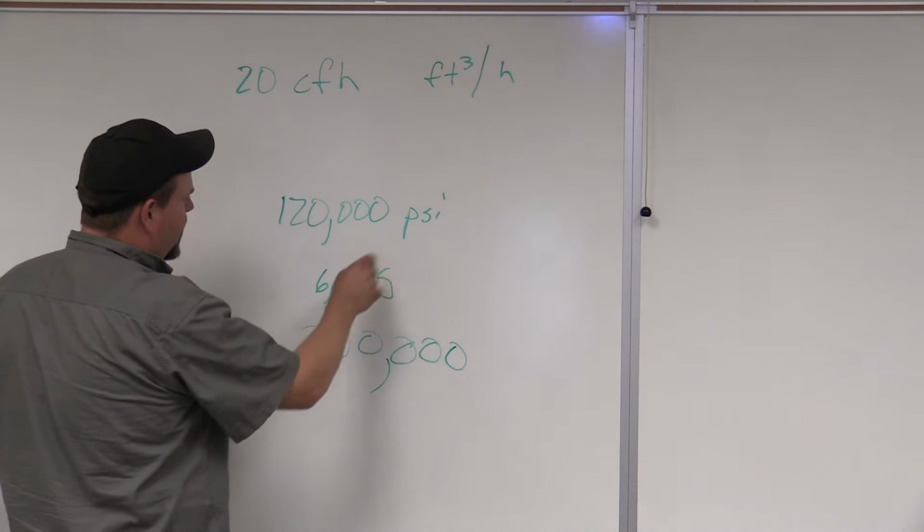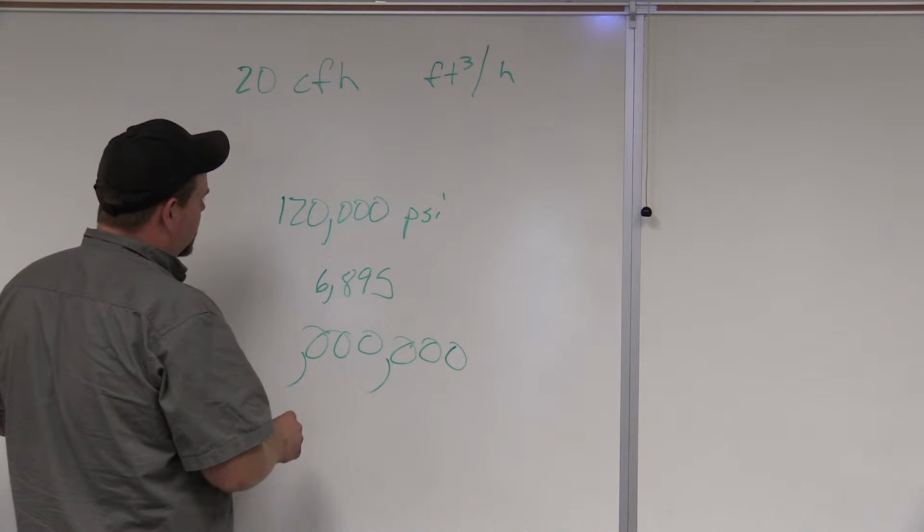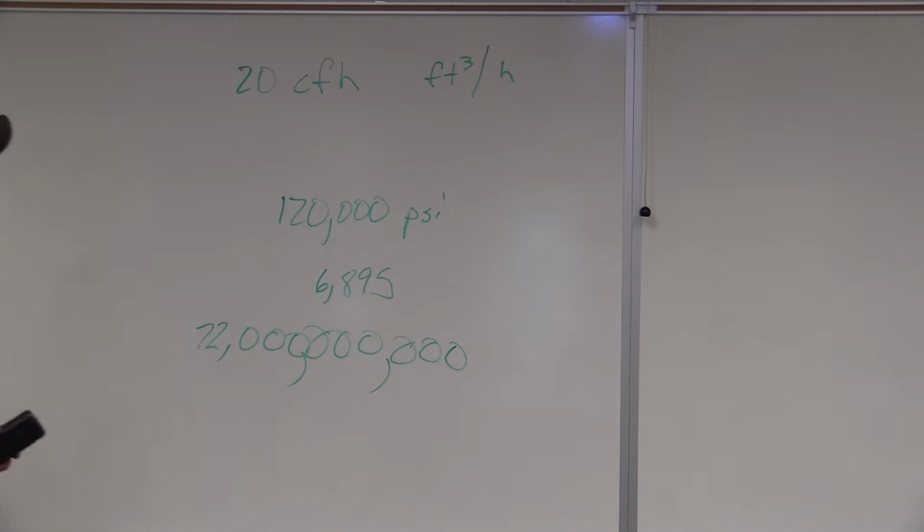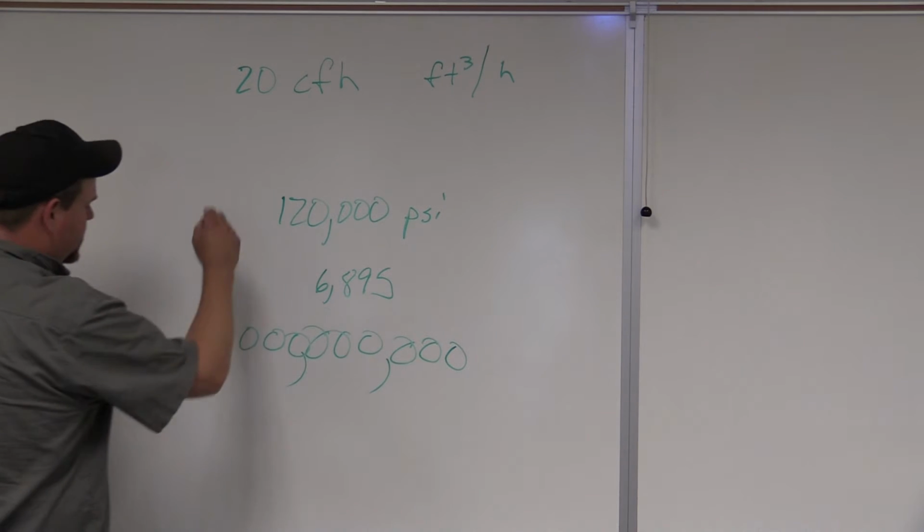Just off the top of my head, 6 times 12 is 72, so we're going to be about 72 billion pascals. Now we may be able to convert that. Let's do the conversion real quick on my calculator. To take it from psi to megapascals, 120,000 times 0.006895 is equal to, well, I was off. Of course, I didn't add these, I just did 6 times 12.